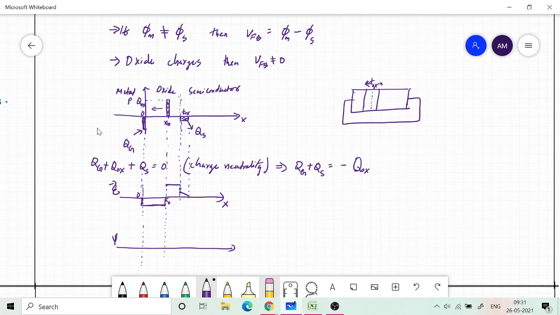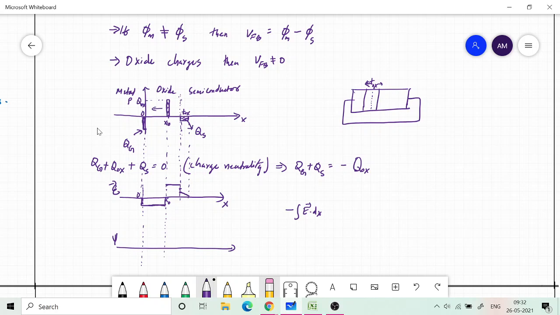So E dot dx has contrary directions. The minus sign here will cancel with the minus in E dot dx, since dx is toward the right and E is to the left, so negative into negative, and therefore we will have positive.